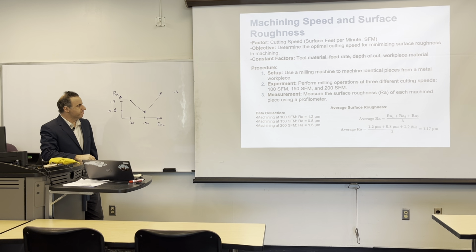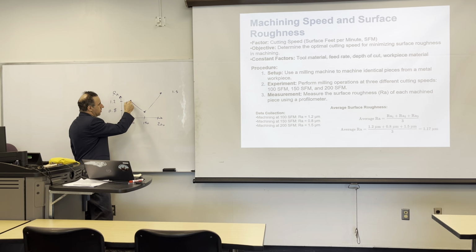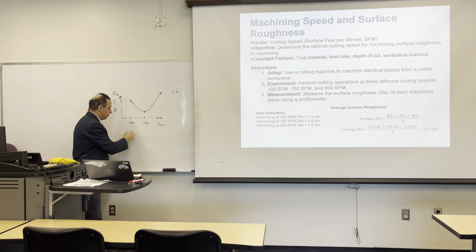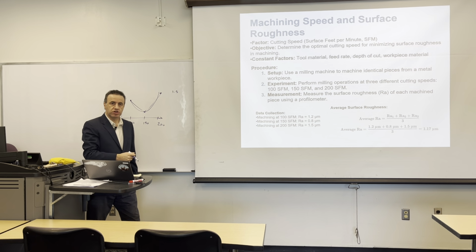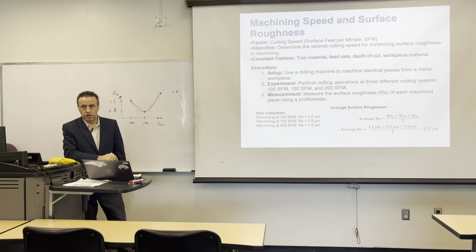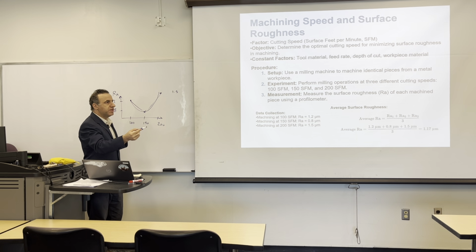Or if you want to develop a model, a curve fit, and then it gives you an equation. The quadratic equation, you can use the order of 2, 3, 4. Then you can predict.